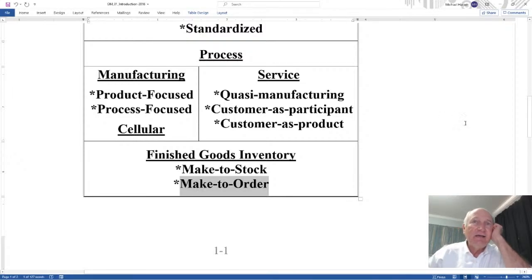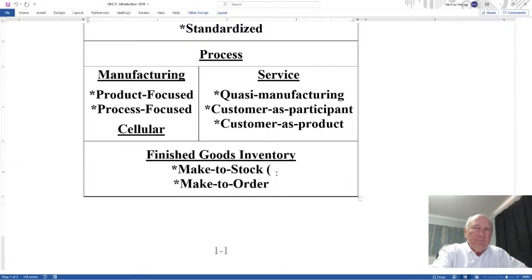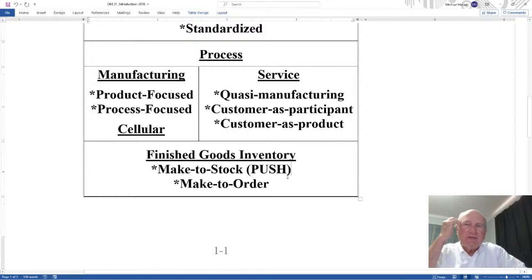Okay, again, these can be combined within the supply chain. Make to stock is called a push system of operations, of inventory. You're pushing the inventory downstream to the customer.